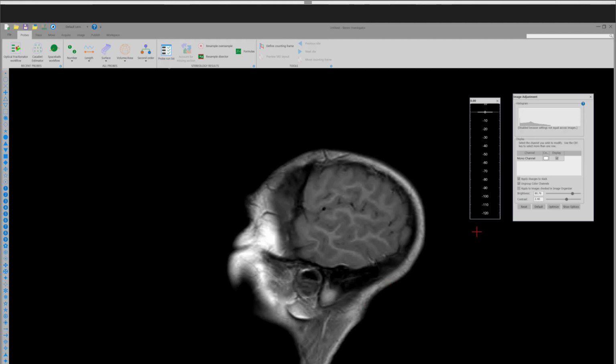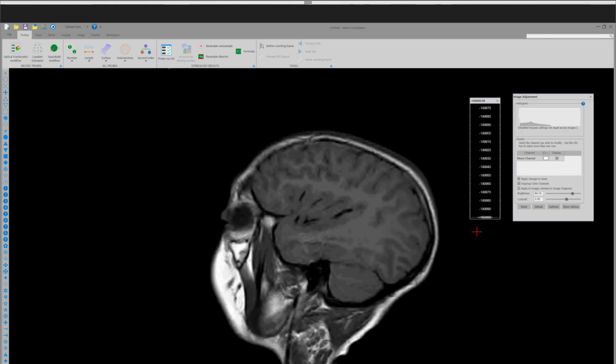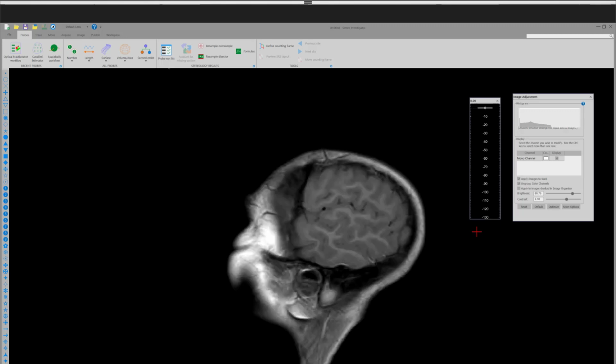Now I can use my page up and page down keys to flip through this MRI. A lot of people using MRI are interested in volume. So here are the probes: number, length, surface, volume. We could go to the volume and do the Cavalieri estimator. When I hover over it, it says estimate region volume. You do that in thin tissue.